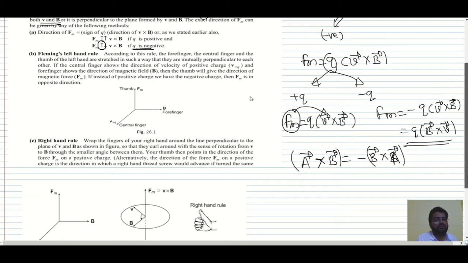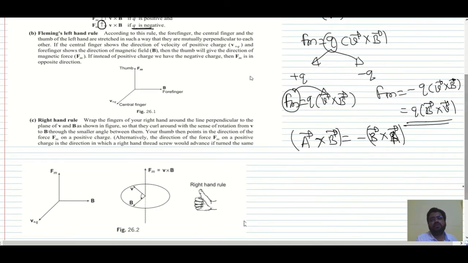Now to find the direction of the force, we have two rules, right? One is Fleming's left hand rule. So if you consider the thumb, the index finger, right? Index finger as in forefinger, and the central finger as in middle finger. Thumb, index finger, middle finger, or else thumb, forefinger, central finger.